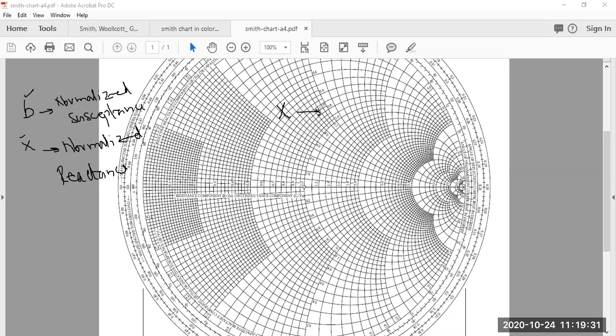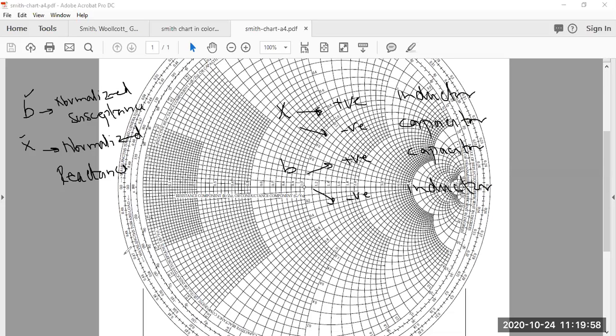So if the value of X is positive, it means this is an inductor. And if the value of X is negative, then we know it is a capacitor. What about B? If the value of B is positive, then it means this is a capacitor. And if the value of B comes out to be negative, then it means this is an inductor.